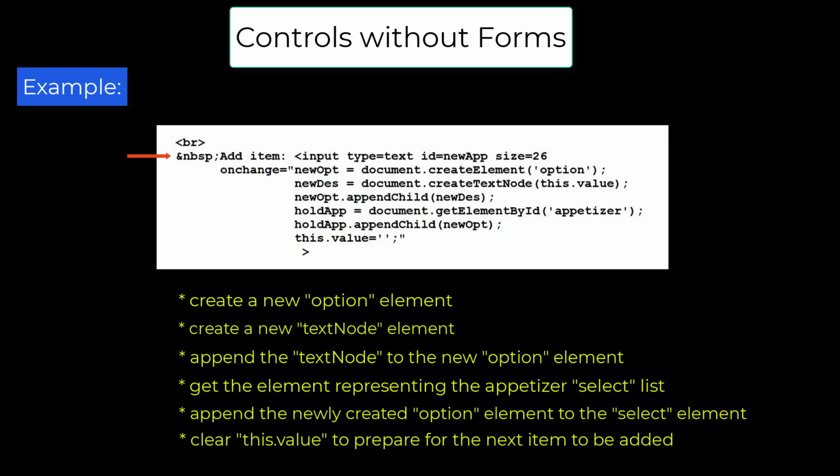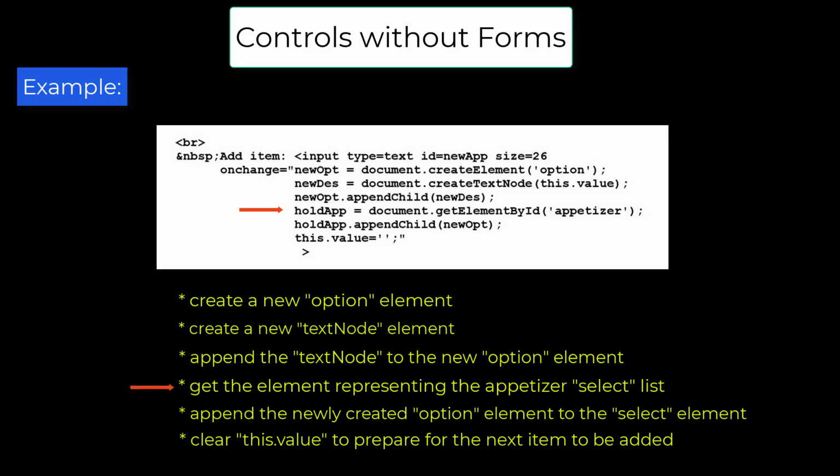Non-breaking space, add item, input type equal text, ID equals new app, size equal 26, onChange equals new opt equals document.createElement option. New des equals document.createTextNode this.value. And then new opt.appendChild new des.